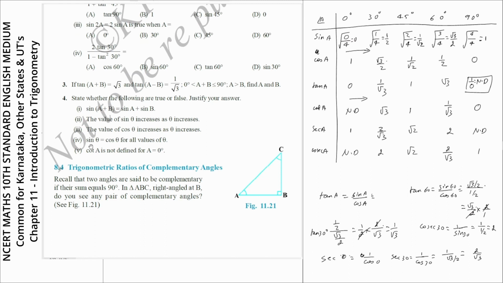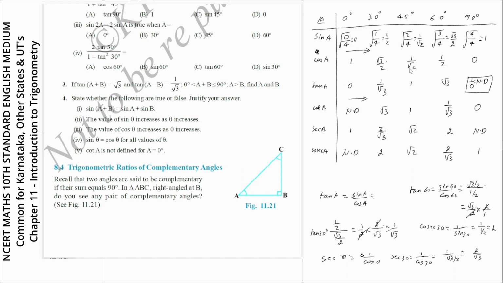Now the fourth sub question, sin theta is equal to cos theta for all values of theta. In the chart you can see, sin theta and cos theta are equal when theta is equal to 45. When theta is 45, sin 45 is 1 by root 2, and cos 45 is also 1 by root 2.